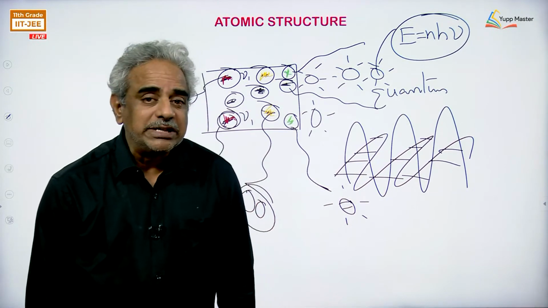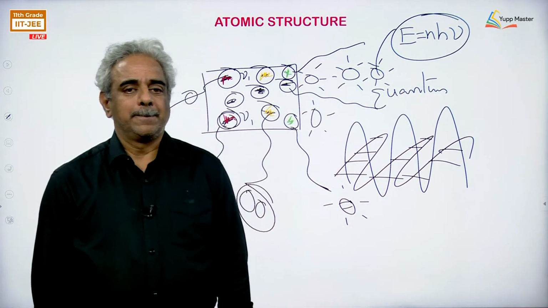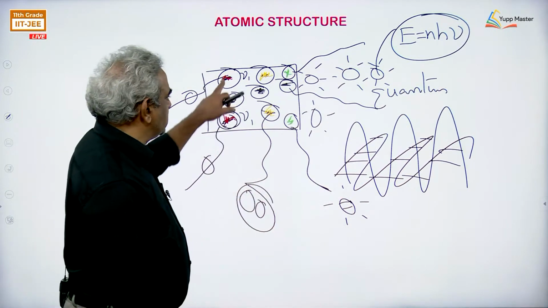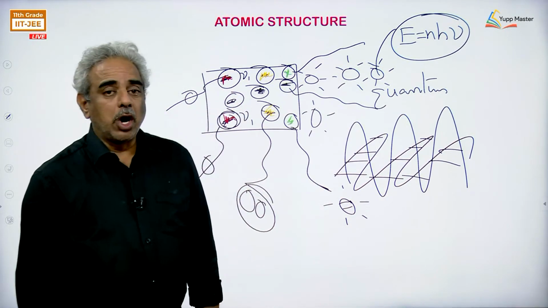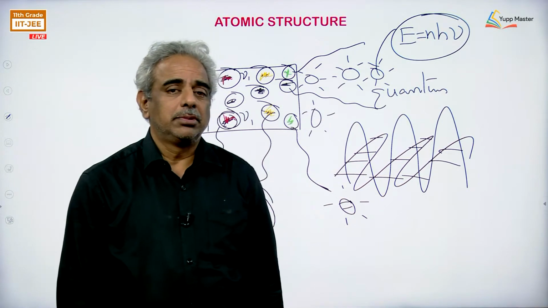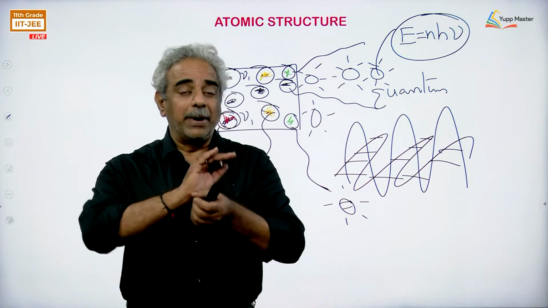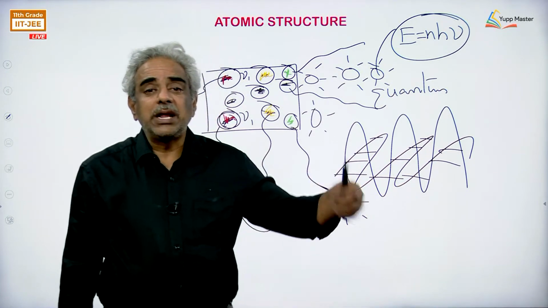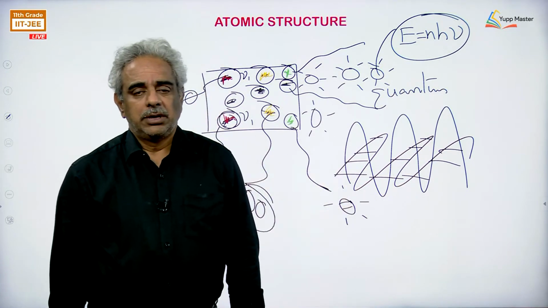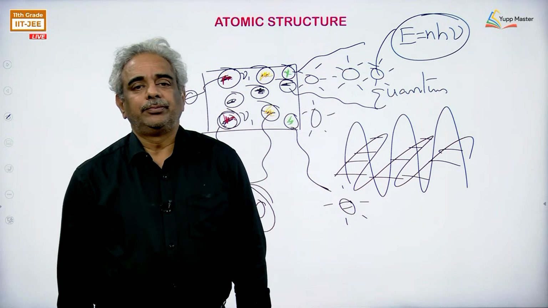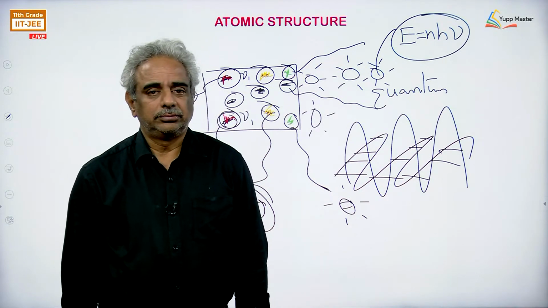That is called quantization of energy. This frequency causes emission of radiations which may come out as packets, and those packets may be bundled. The bundling of energy of similar packets is called quantization.